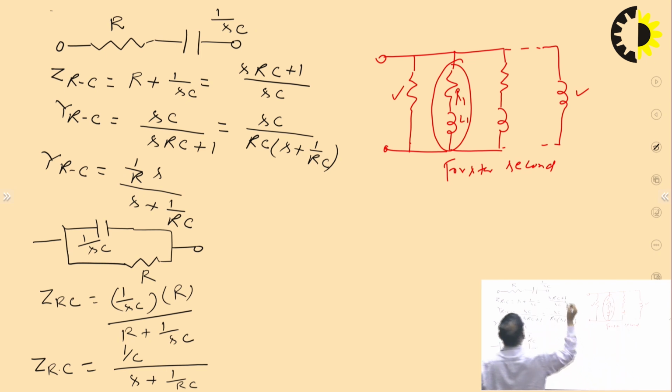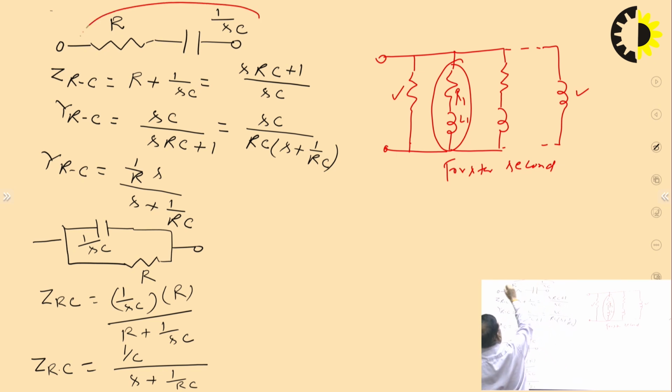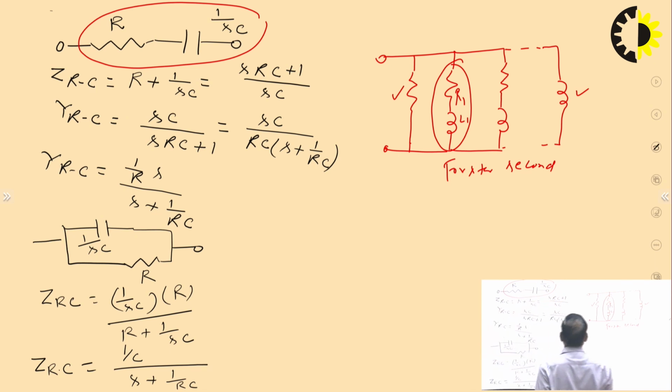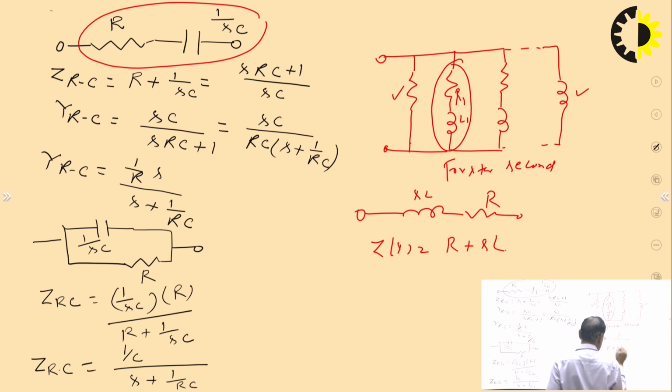So look at here. Suppose I have drawn here R1 S1. Same approach we can have. In the place of capacitor we can have the inductor. So suppose this is your R, this is your SL. So Z(s) is R plus SL, and Y(s) is 1 by R plus SL.